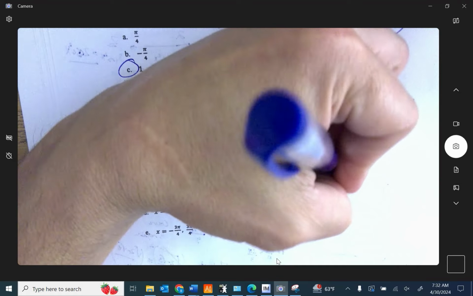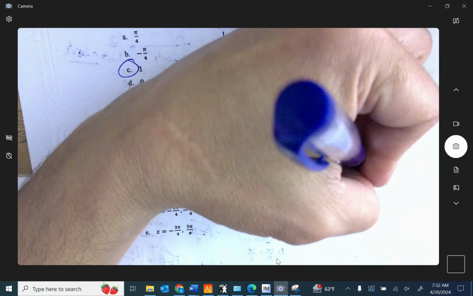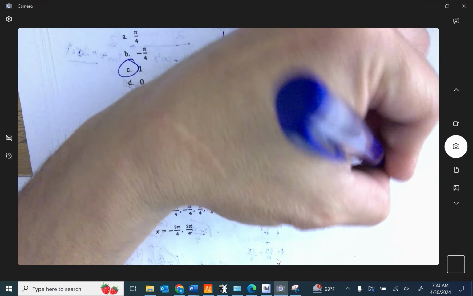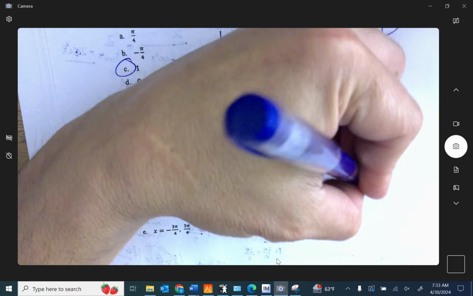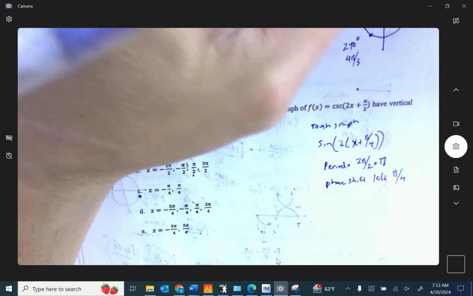I'm going to factor. This thing has a period equal to 2 pi over 2, which is pi, and has a phase shift to the left of pi over 4.